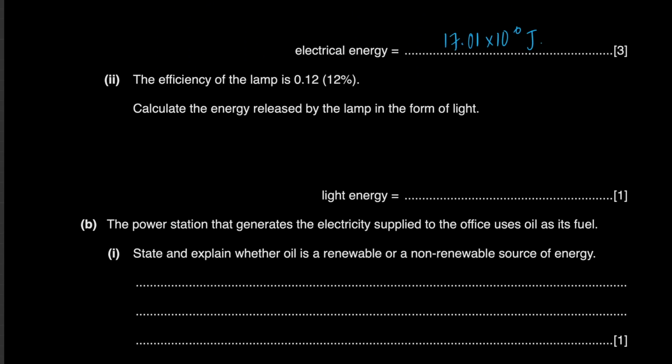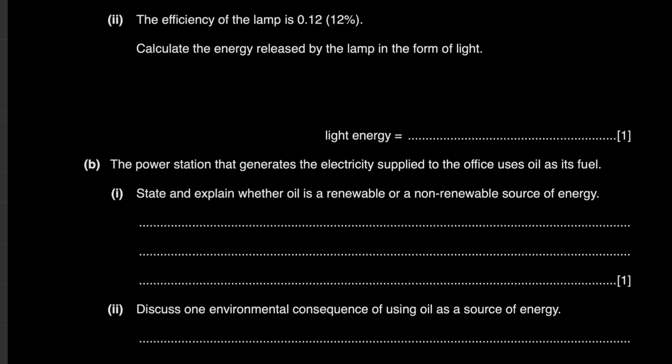Moving on. The efficiency is 0.12. What is the amount of light? So that's the useful amount. Efficiency is energy out over energy in, and the energy output is something we want to figure out.